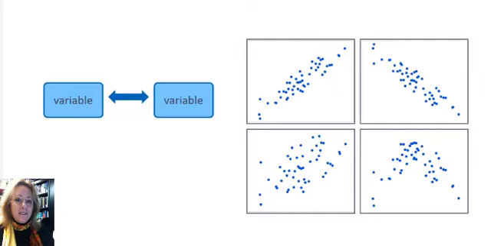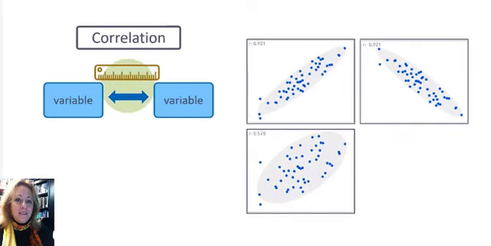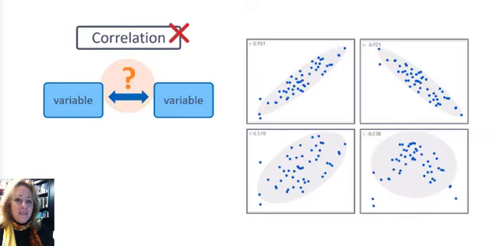Then you used to move to an upper level of analysis, which is correlation. You try to see if there is any relationship between pairs of variables, and you look at the value of R. For example, here the value is 0.921.